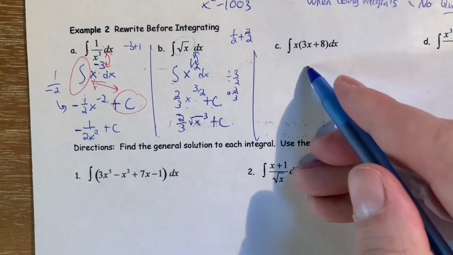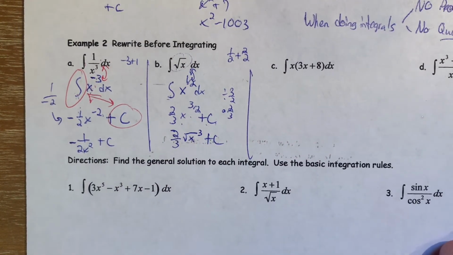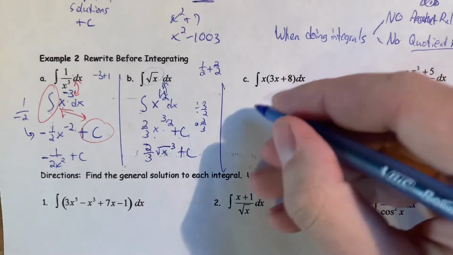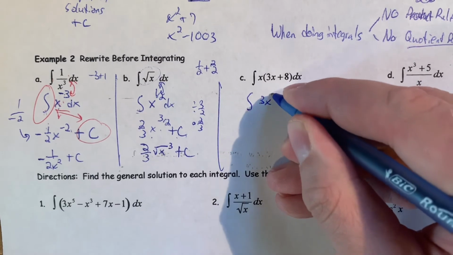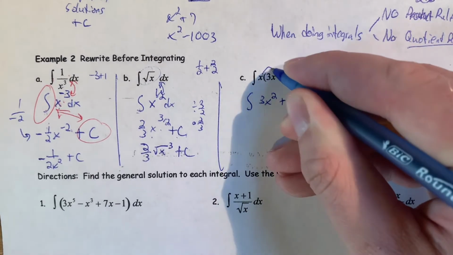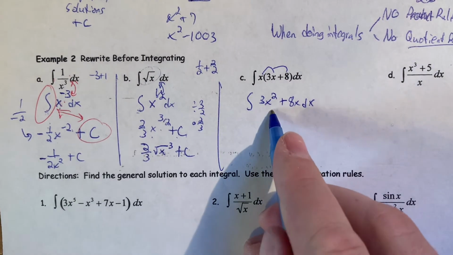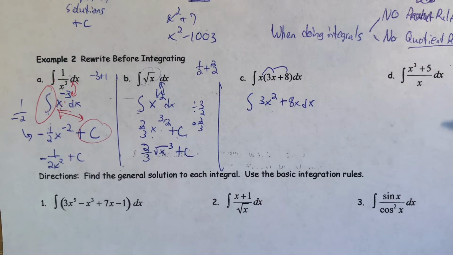Okay, here's another one. We do not have a product rule, so figure out what you can do with this. How could we rewrite this in a way we could actually do it? Well, we can rewrite this as 3x squared plus 8x. We can just multiply this out. And this is cool because the sum or difference rule also applies to integrals.